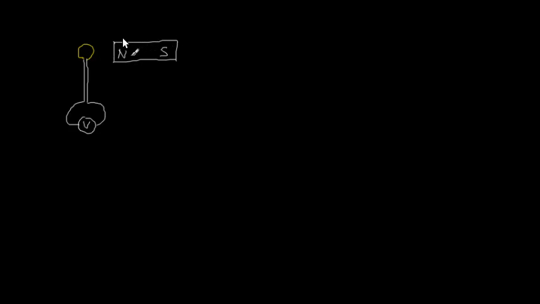If I suddenly move this magnet away, we would actually see a voltage that lasts for a short time while I move the magnet away. This is because the magnetic field going through the loop has decreased to zero when I take this magnet away.